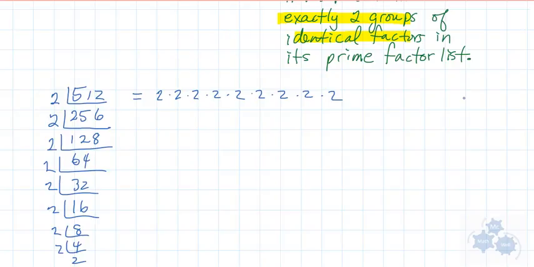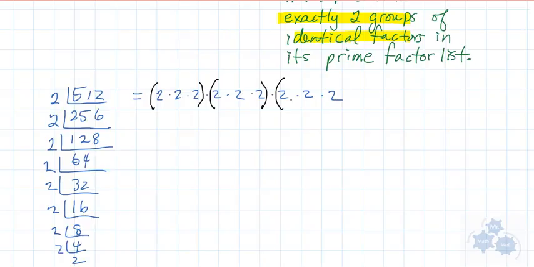A perfect cube, what you have to remember is a perfect cube is a number that has another number multiplied by itself 3 times. So when something is multiplied by itself 3 times, we want to see the same thing multiplied 3 times. Look what happens if I do this. 2 times 2 times 2 is 8, right?